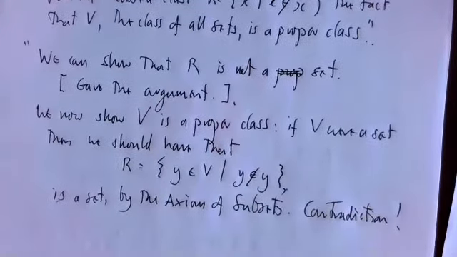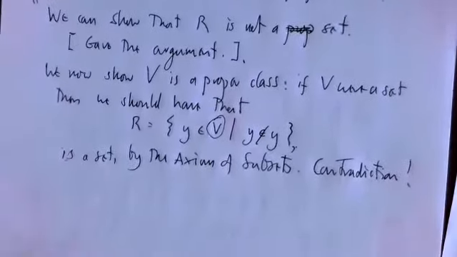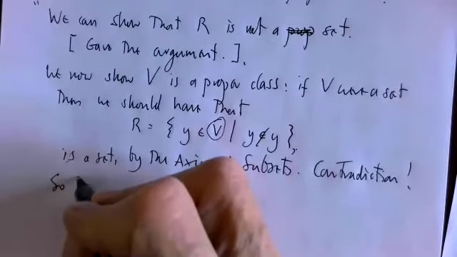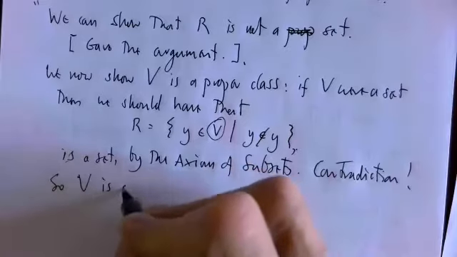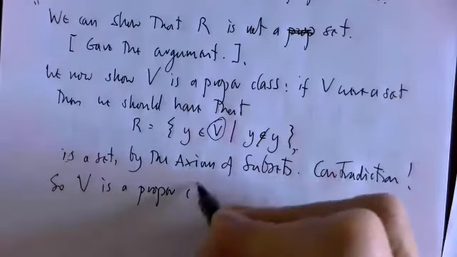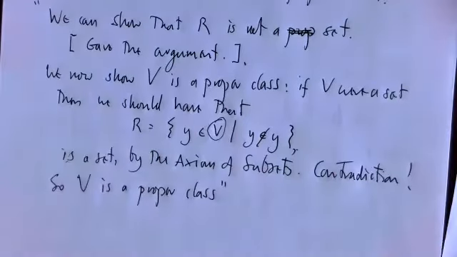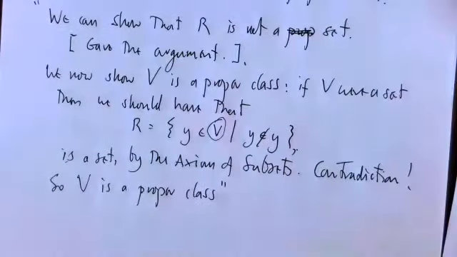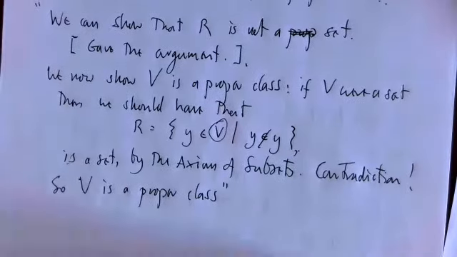So V is not a set. It's a proper class itself. V can't be put here in the axiom of subsets. So V is a proper class. So this was 1B.